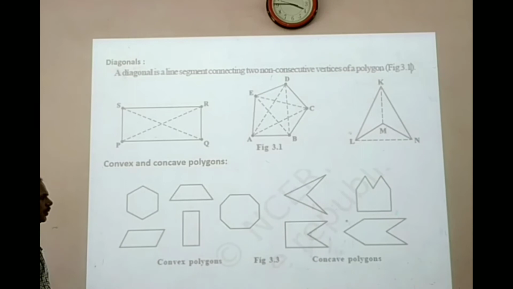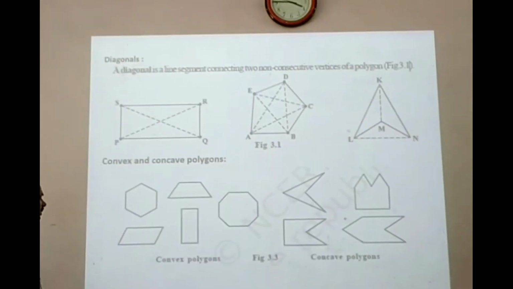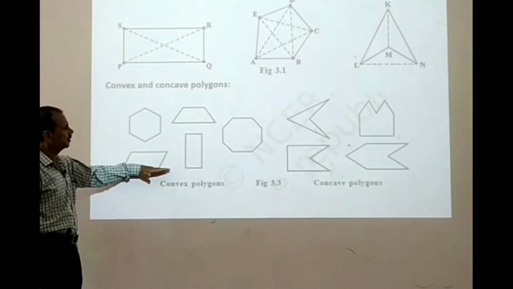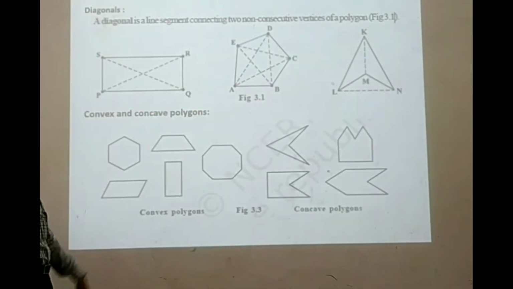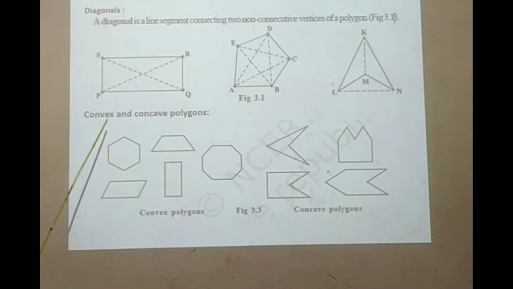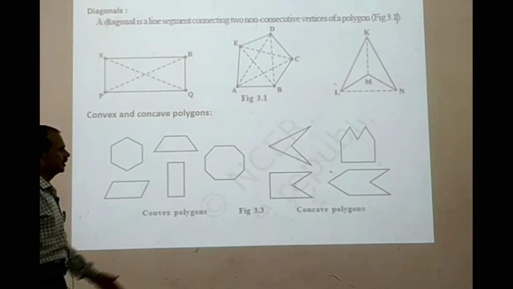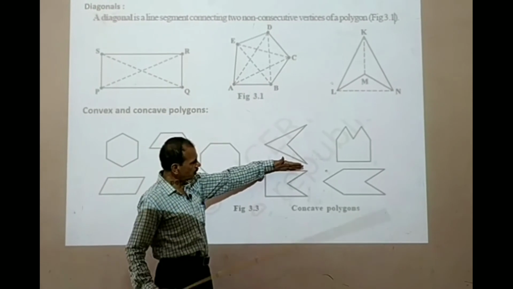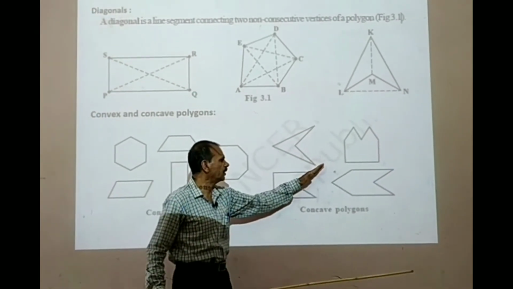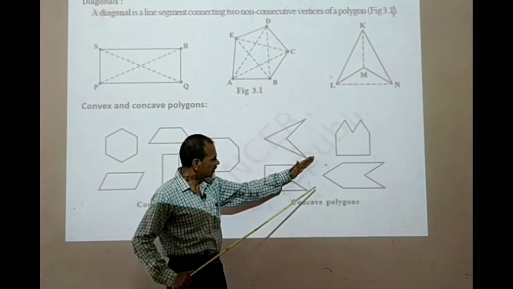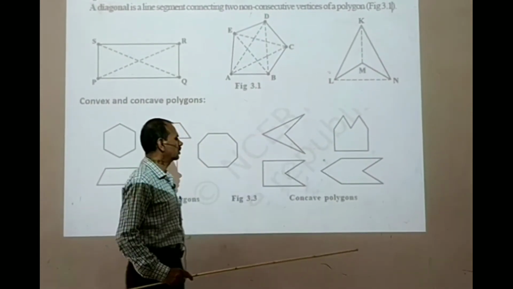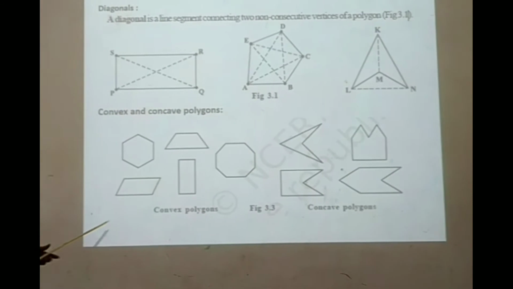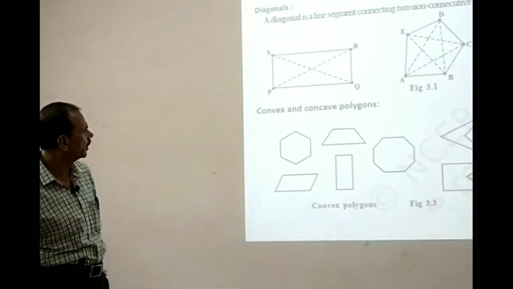So this is a concave figure. In a convex figure, the remaining parts will be on one side. Suppose I extend this side, the remaining parts will be on one side, then it is convex. Of course, this is true for all sides. Then this is convex. See here, the remaining part is on one side, but for this one, if we extend this line segment, the remaining part is on both sides. So it is concave. In this way, convex figures and concave figures.